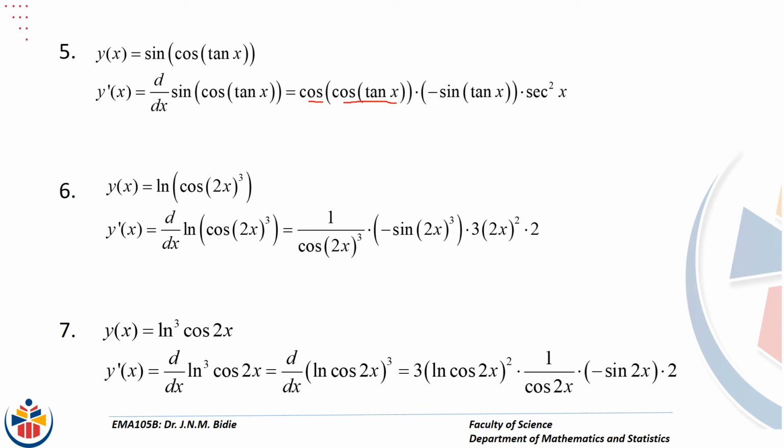We have to go for the derivative of the argument of sine. So the first thing we encounter is cos. Derivative of cos is negative sine. And the argument of the original cos was tan x. So that means we'll have negative sine 10x. And then we go to the derivative of the argument of cos, which was 10x. The derivative of 10x is sec squared x.